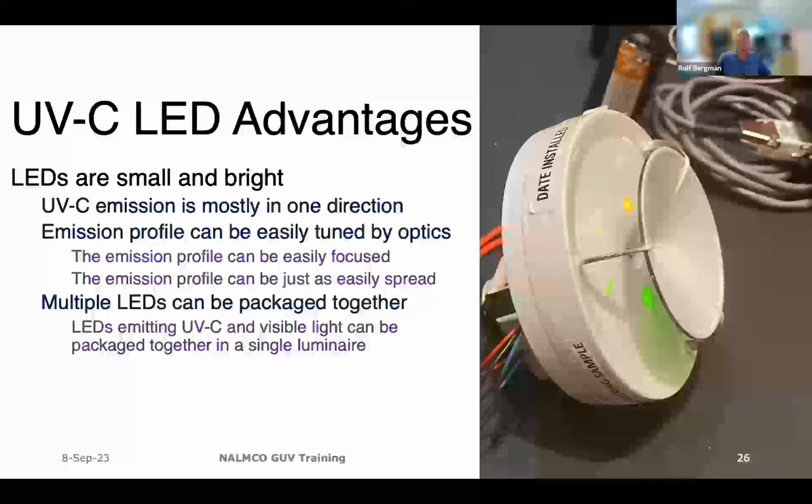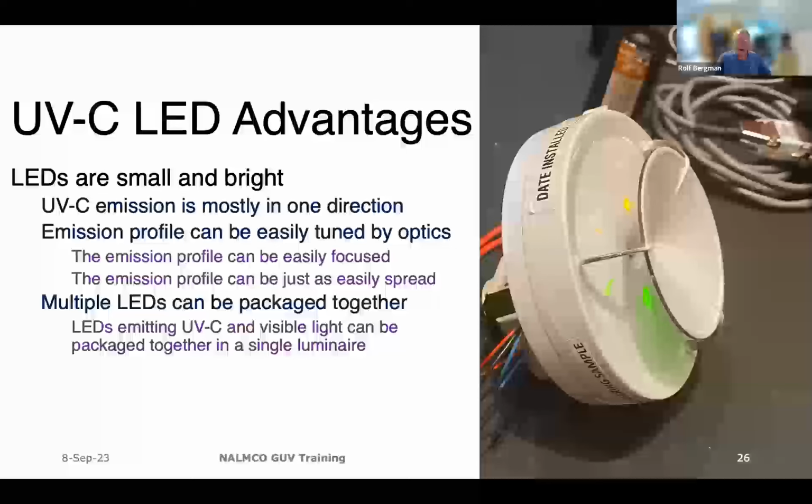And furthermore, an LED in the UV and an LED in the visible more or less require the same kind of structure and building and being put on board, so the combination is much easier to do with LEDs. I show an example here of a prototype developed by GE Current.